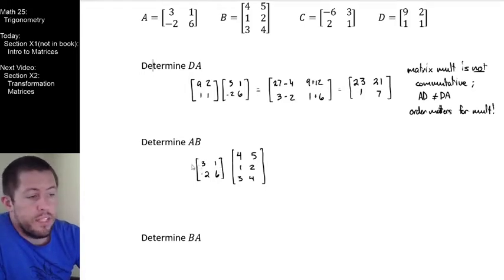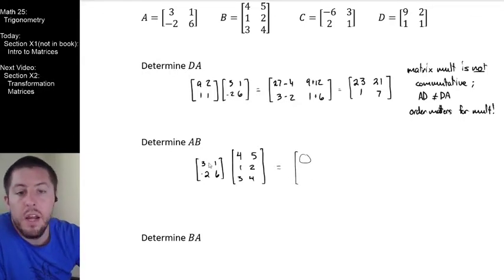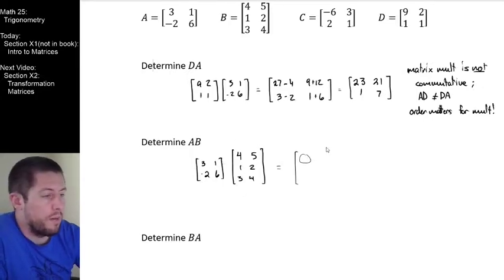Well, if it is, then to get my 1 term that's sitting in this slot, what I would need to do is the dot product of row 1 and column 1.